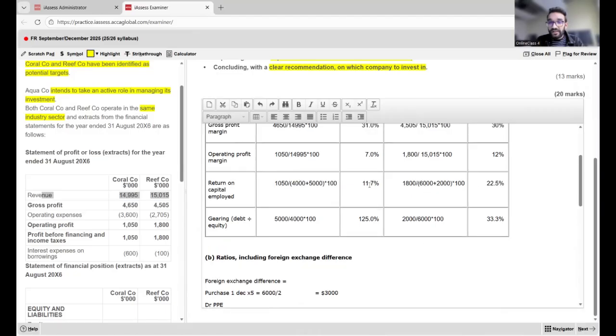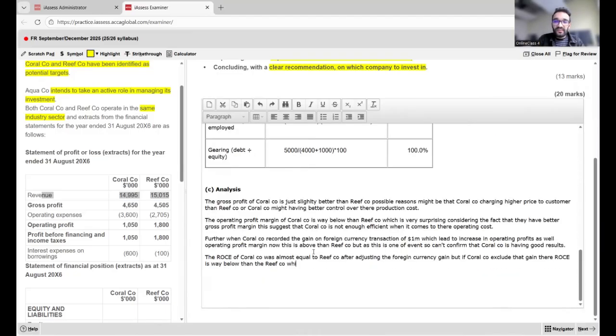See now, it's 11.7, which suggests that Coralco might not be utilizing capital in an efficient way, right? They are not earning sufficient revenue because ROC is a combination of operating profit and the asset turnover. So it means they are not good when it comes to conversion of capital into revenue, right?